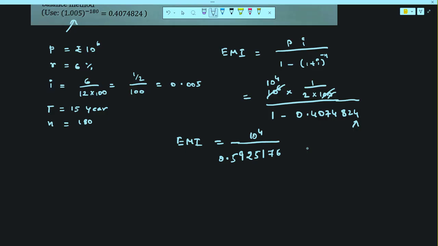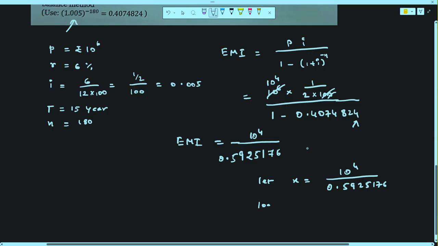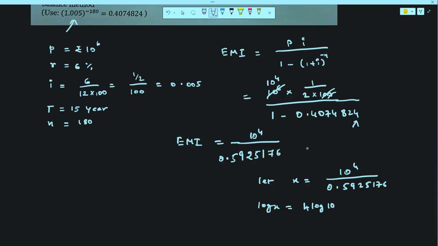Now how to calculate this 10 power 4 divided by the value? We can directly take log. So let x be equal to 10 power 4 by 0.5925176. Take log: log x is equal to 4 log 10, and you know that log 10 is 1, minus log 0.59252176.